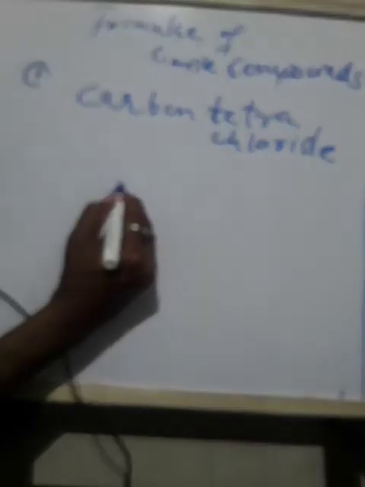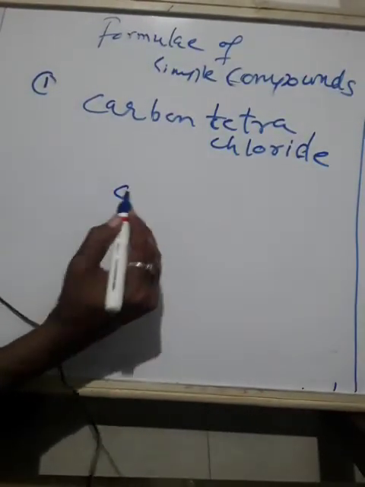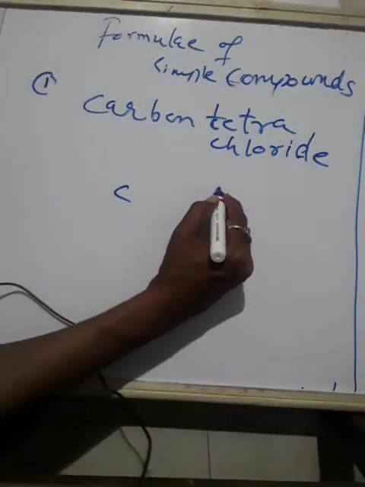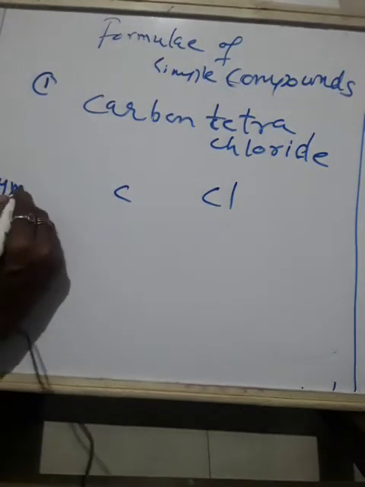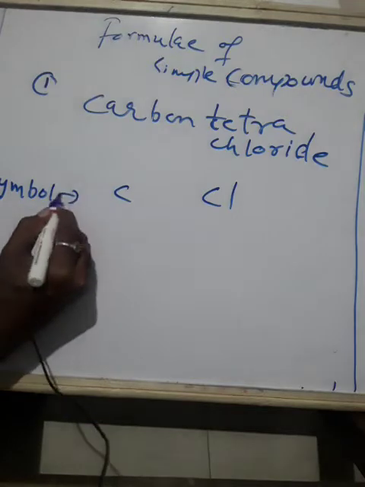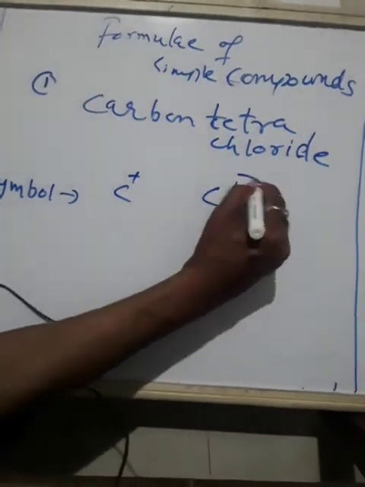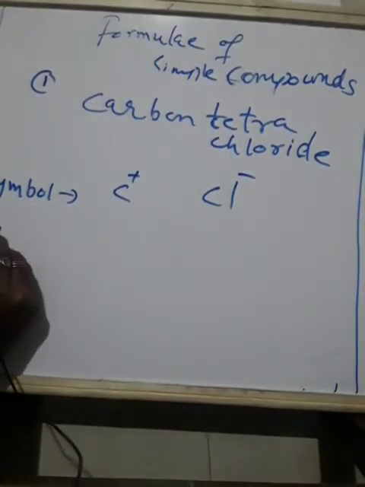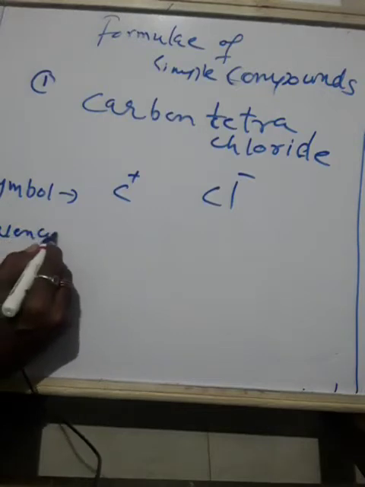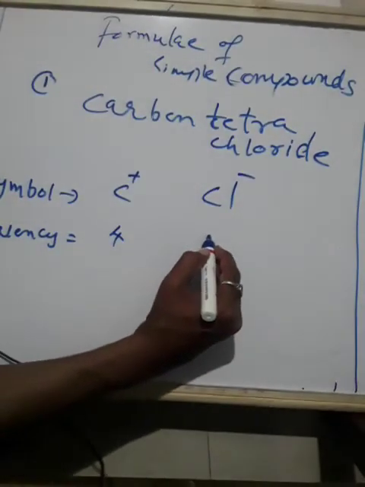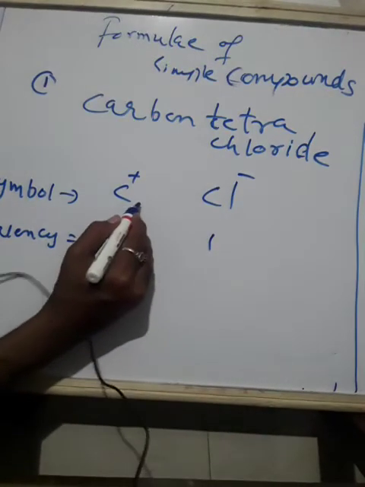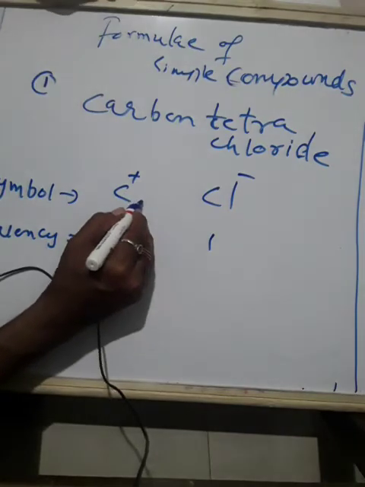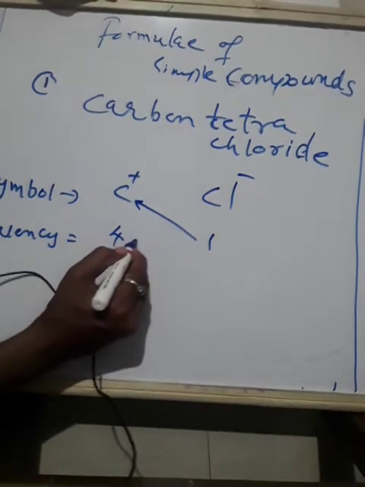Now carbon is C, chloride is Cl. Symbol of carbon is C plus, and chloride is Cl minus. Then what is the valency of carbon here? 4. What is the valency of chloride? 1. So there is an interchange of valencies.